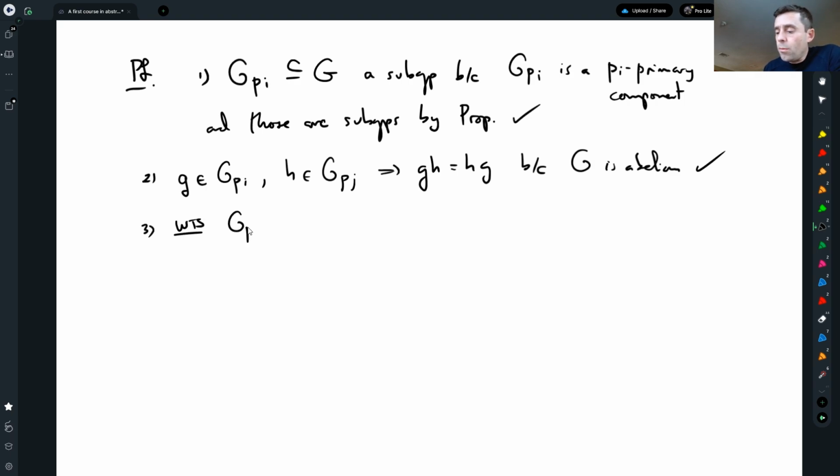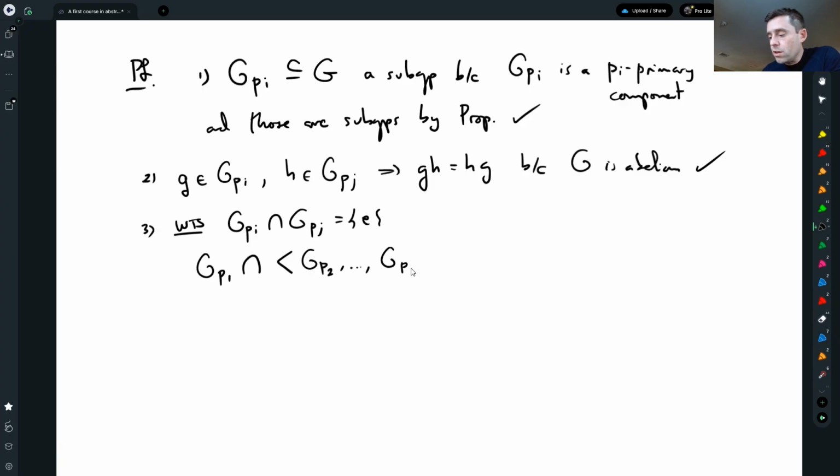Three, I want to show that these components are disjoint, and I'm going to do something better. Without loss of generality, I'm going to show that the first one intersected with the subgroup generated by all of the other ones, which of course does contain G_p2, for example, is just e.